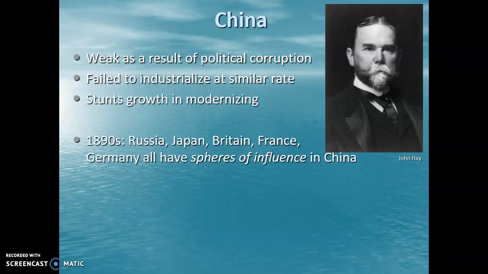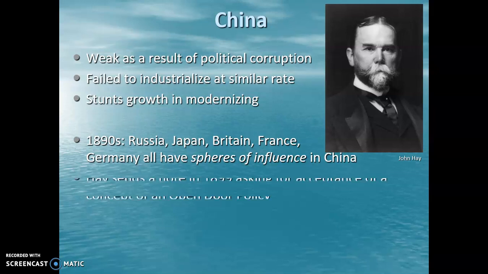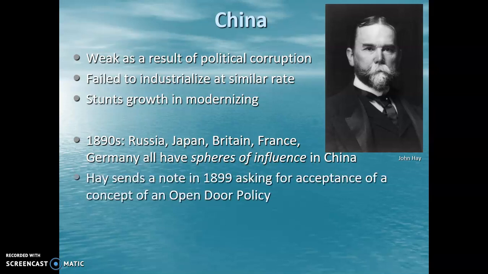So by the 1890s, all of these countries that we just saw on that last map have already got a foothold in China, and the United States wants one. Like I mentioned before, by 1899, Secretary of State John Hay basically invites himself in and says, hey, what do you guys think about everybody having an opportunity to trade in China?